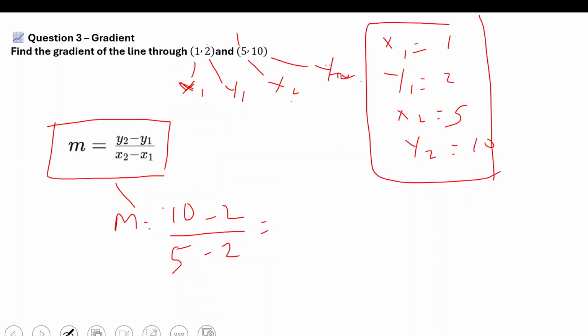So I have 10 minus 2 is 8 and 5 minus 2 is 3. So 8 over 3 is the gradient of this particular set of coordinates.